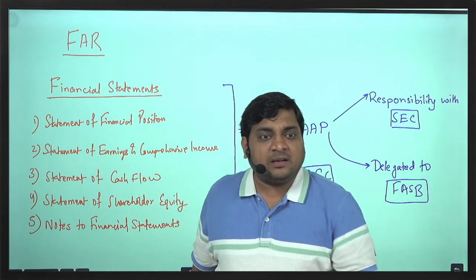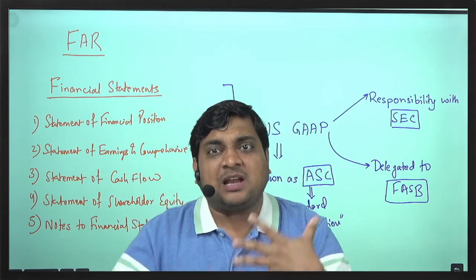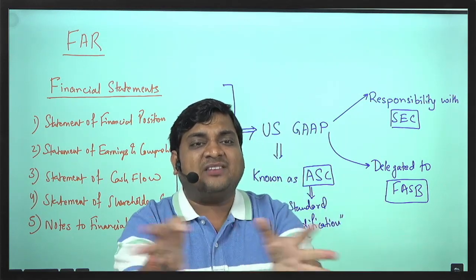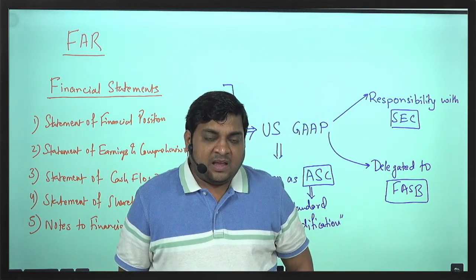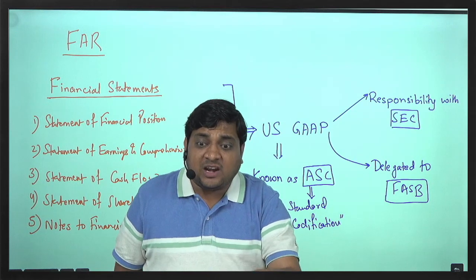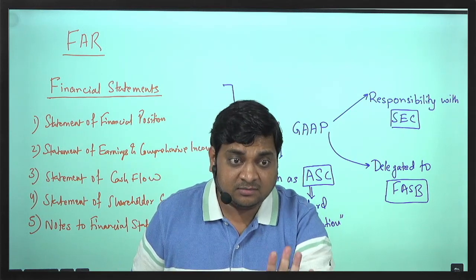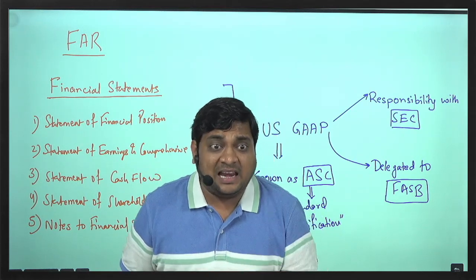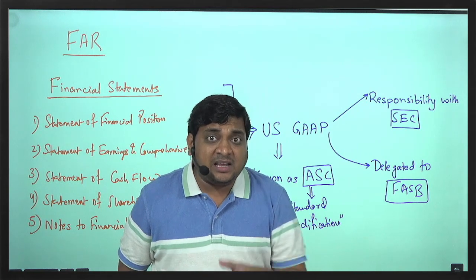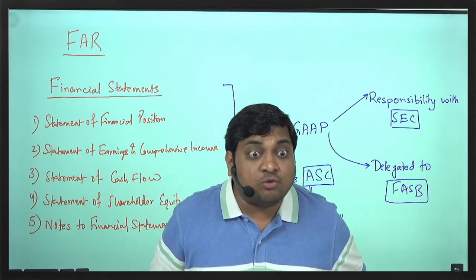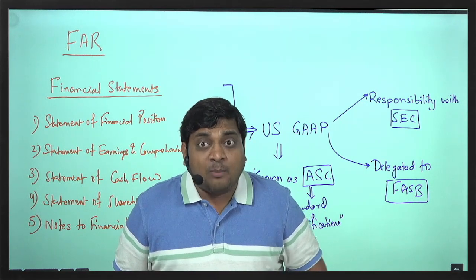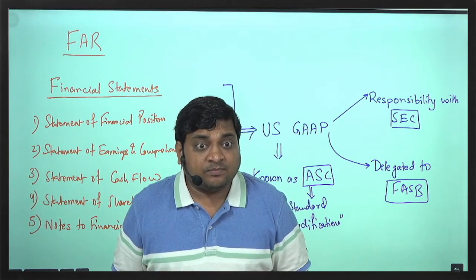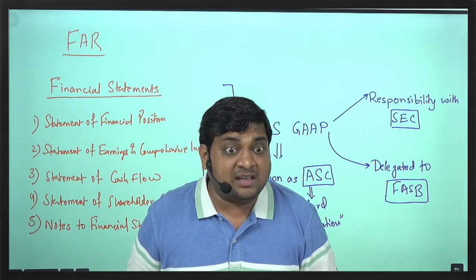Similarly, money measurement. Only activities, items which are measurable in terms of money, only those activities will be recorded in the books of the business. Like the amount of compensation which you are giving to an employee is recorded as salary expense. But think about how loyal your employee is towards the organization, how much skilled he is, he is carrying around 10 years experience.